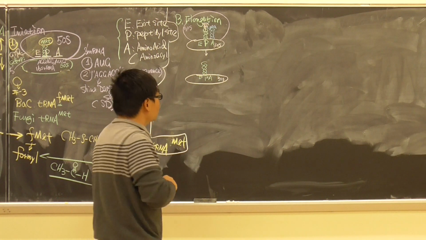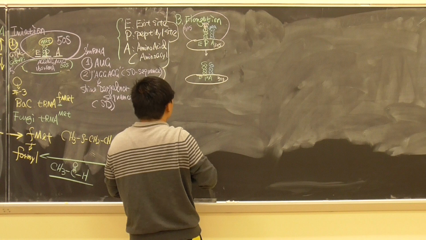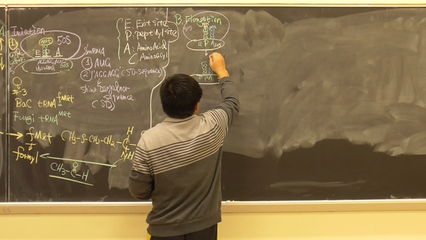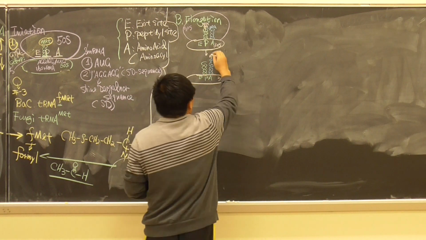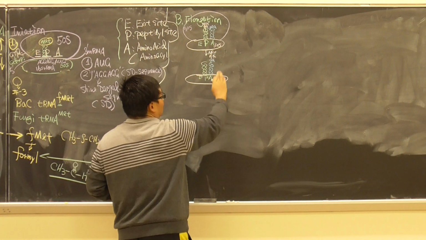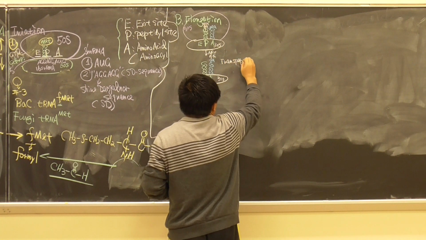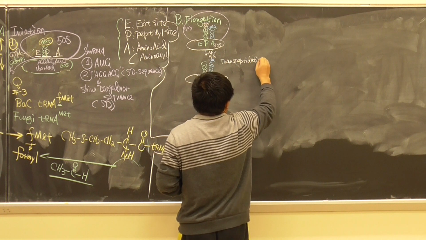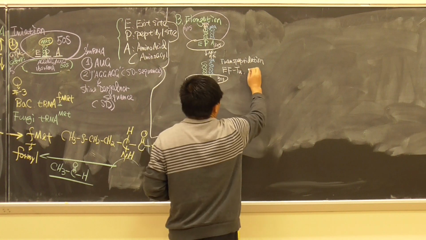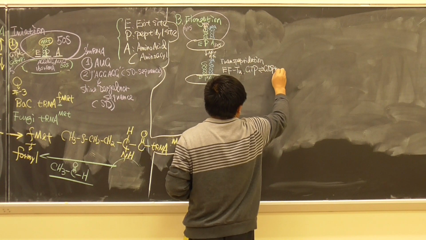The tRNA will be empty. On the right side here you will have AA and MET on top. What is this one called? Transpeptidation. It requires elongation factor Tu. Also need GTP, hydrolyzed to become GDP and phosphate.